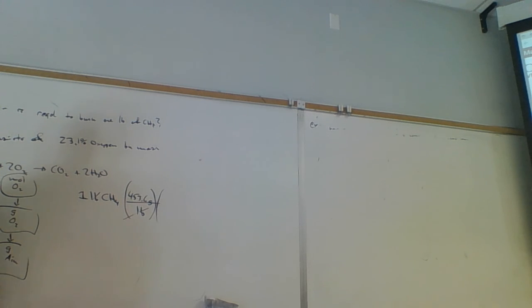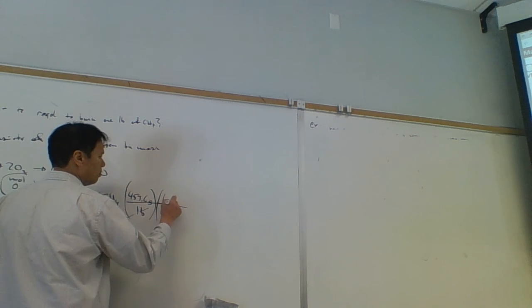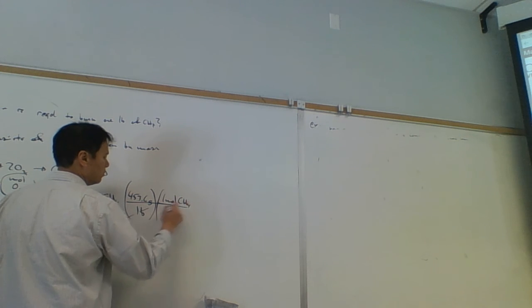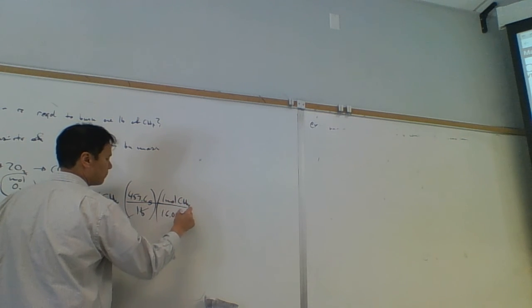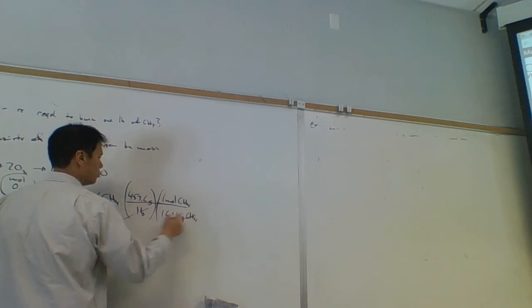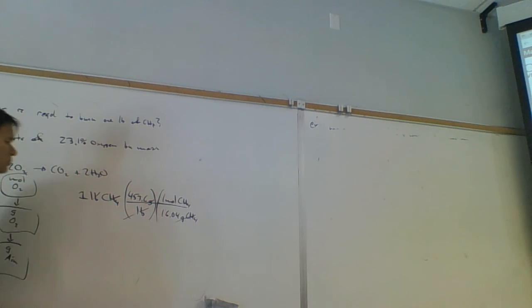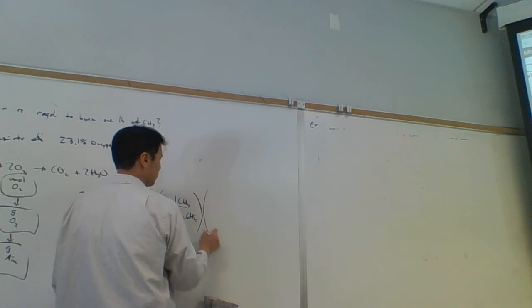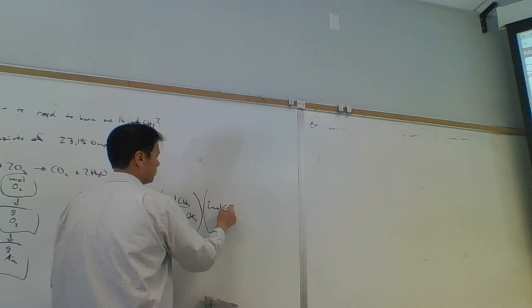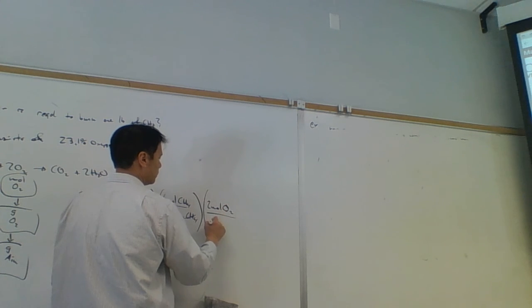And then from grams of methane, we'll go to moles. We know that 1 mole of methane molecules weighs 16.04 grams. So grams of methane cancel, that leaves us with moles of methane. And then we're going to go to moles of O2, because for every mole of methane combusted, we're going to get 2 moles of O2. 2 moles of O2 for every 1 mole of methane.